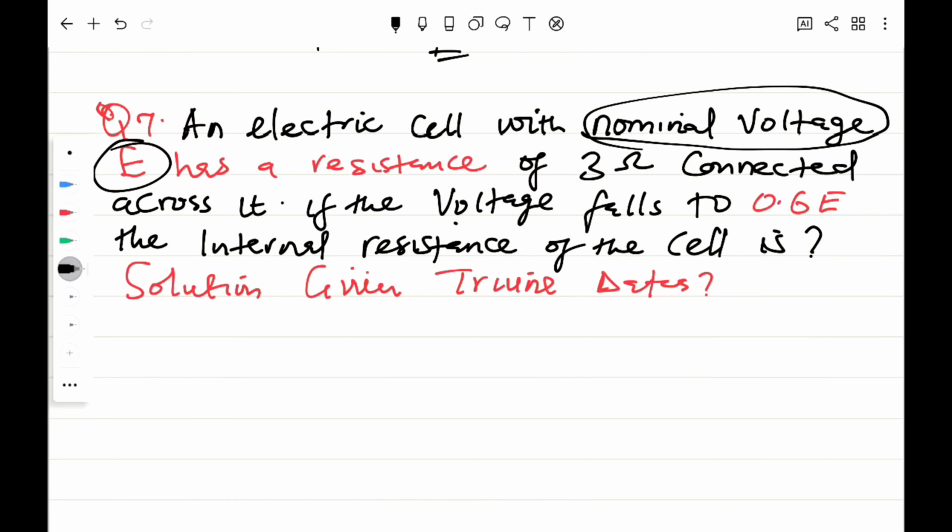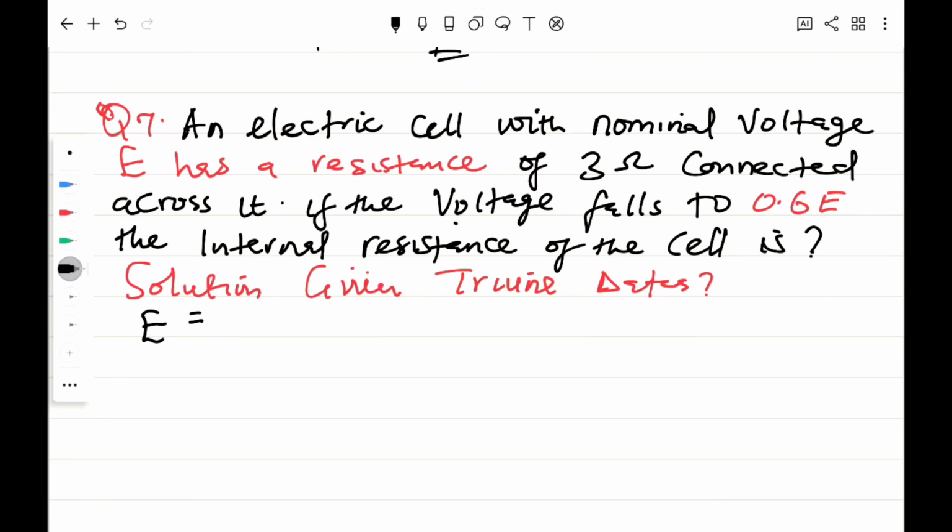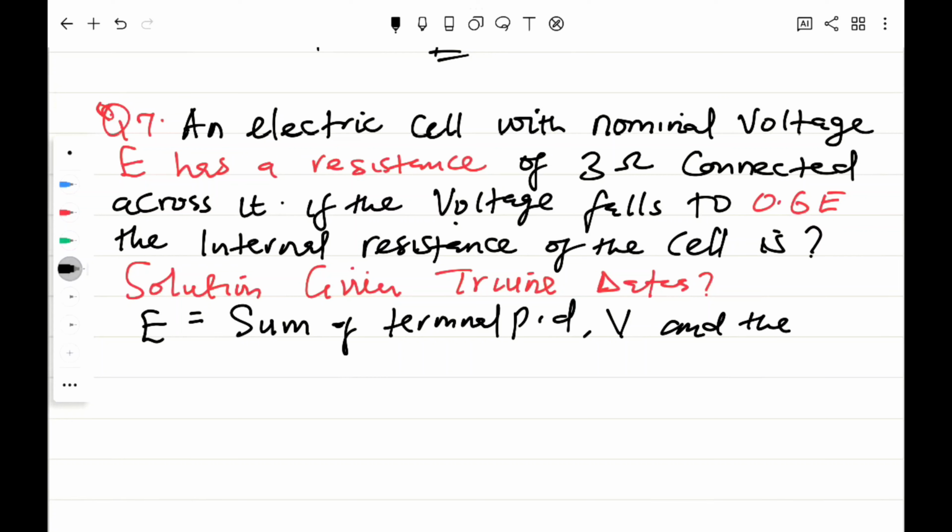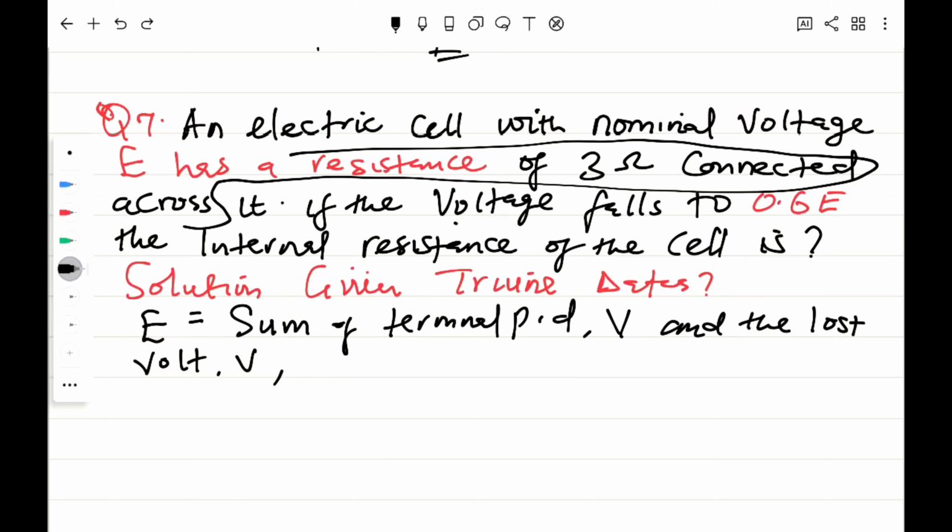The nominal voltage E is not given directly, but we can find it, substitute for it, and solve for it. So E is equal to the sum of the terminal PD, which is uppercase V, and the lost volt, which is lowercase v. If we rewrite this, we have E is equal to V plus v.